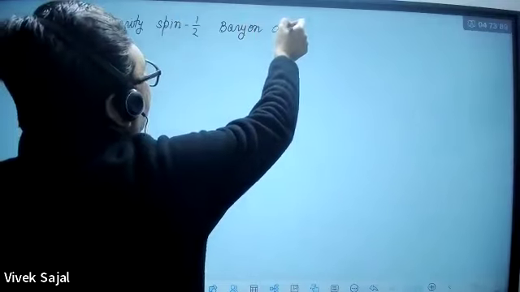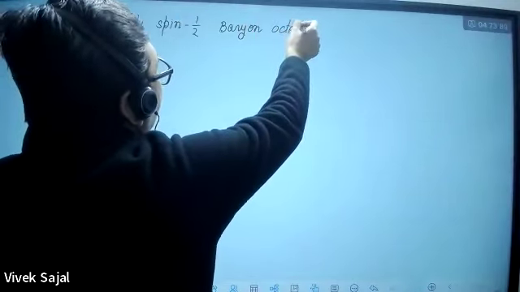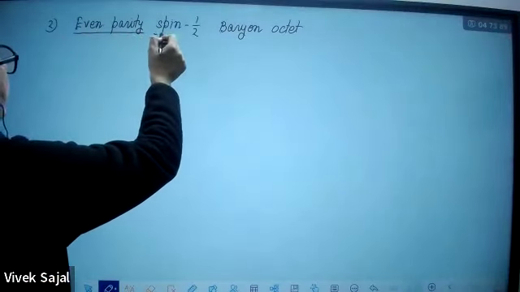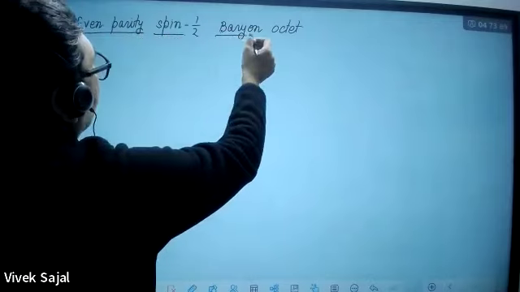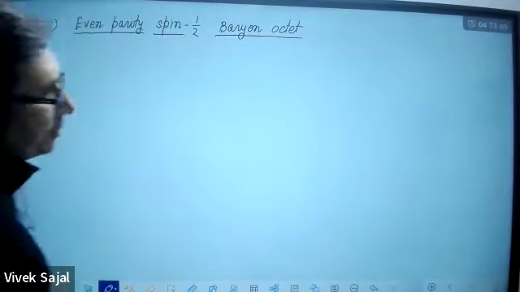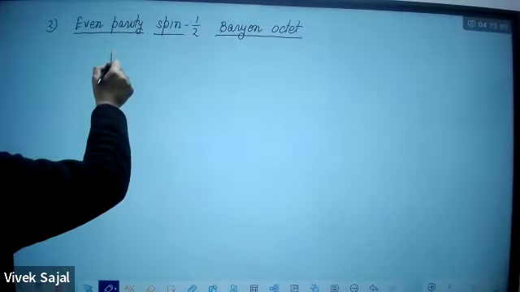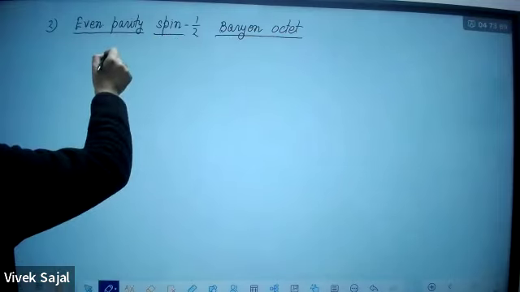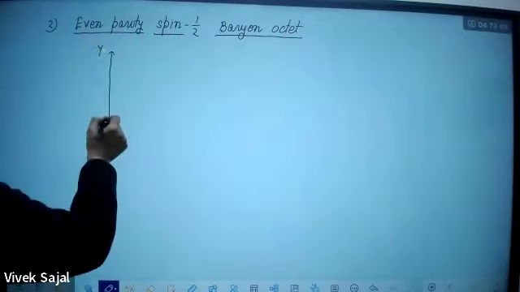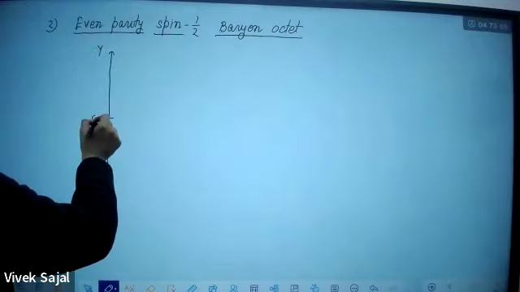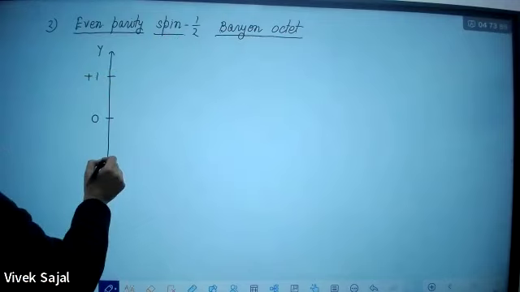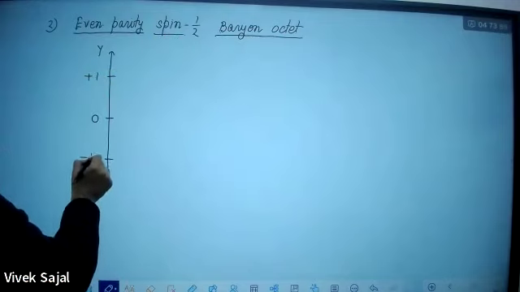Baryon octet. This is again, draw a vertical line. Here we are having hypercharge. This will be 0 here, this will be plus 1 and this will be minus 1.